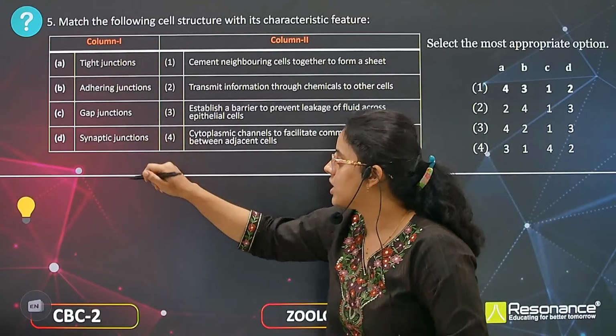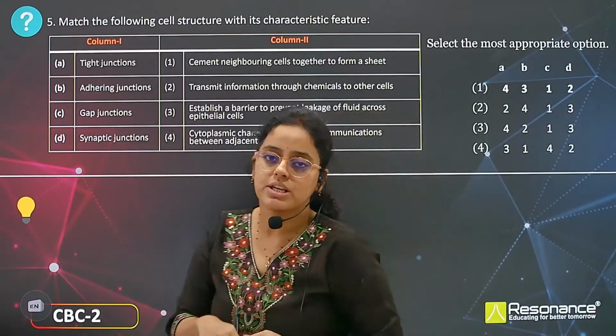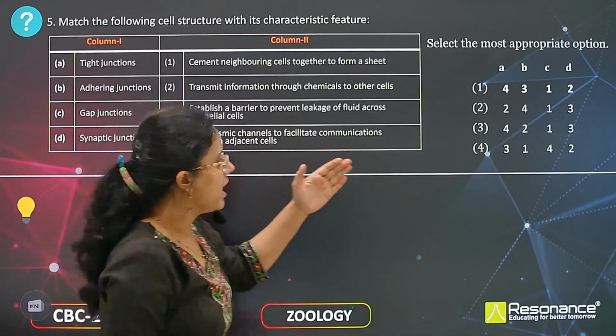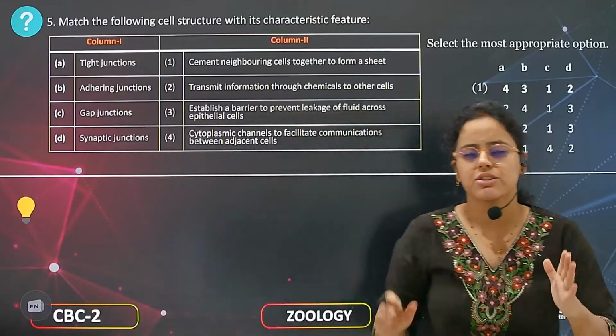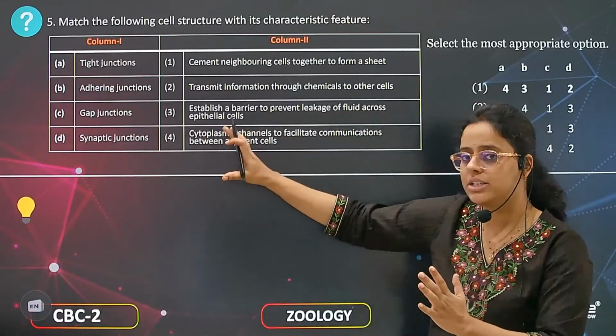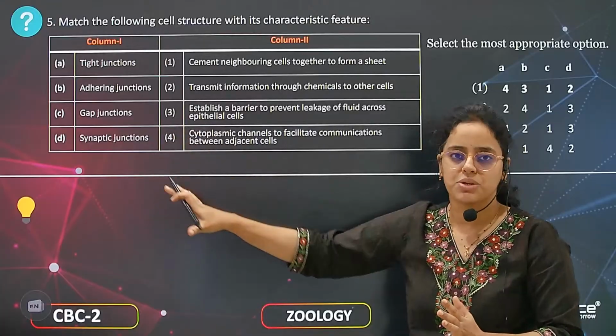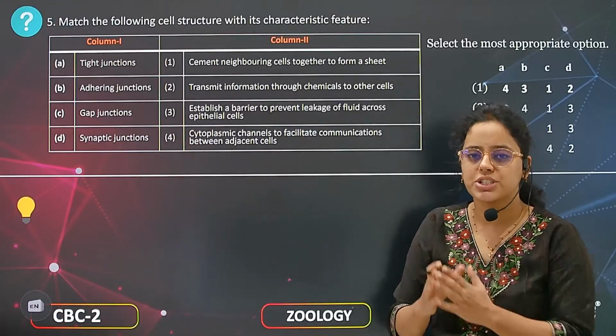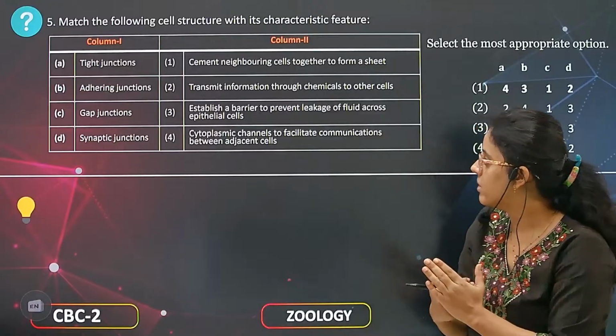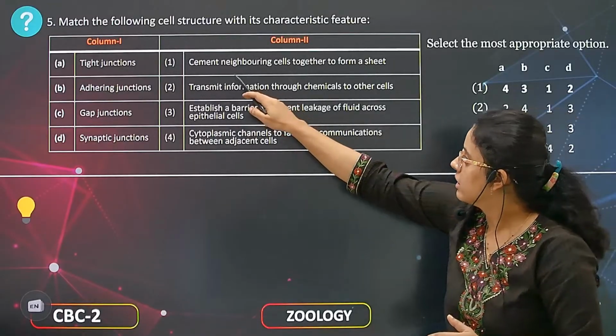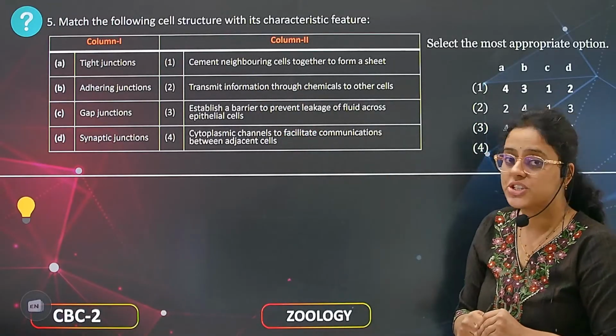Let us see these options. A is more appropriate for tight junctions. They are very close to each other, so I am giving you time to understand these questions.